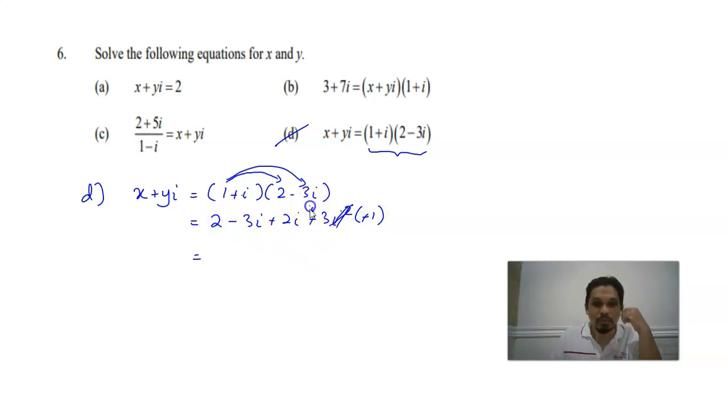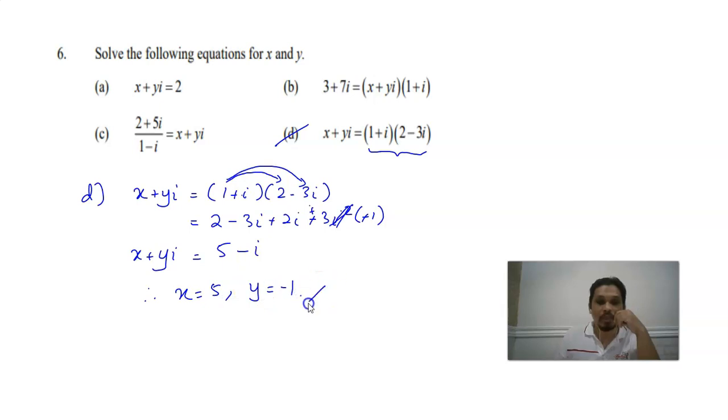So 2 plus 3 equal to 5, negative 3i plus 2i equal to minus i. Okay, so we compare, as I mentioned just now, the left side with the right side. We expand it and simplify. So then here now, x equal to 5 and y equal to negative 1.